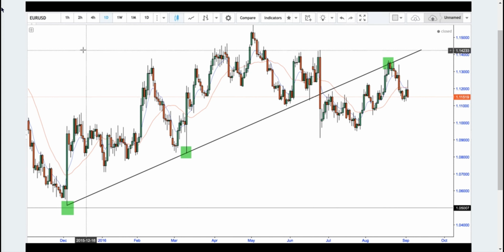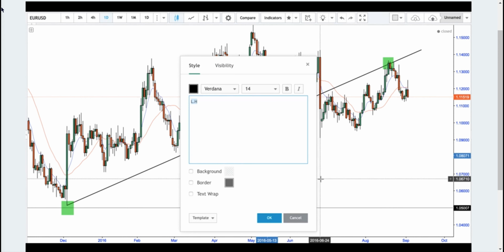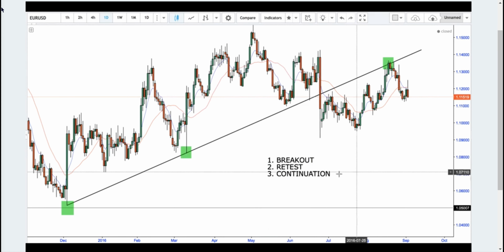So this is known as breakout retest continuation.